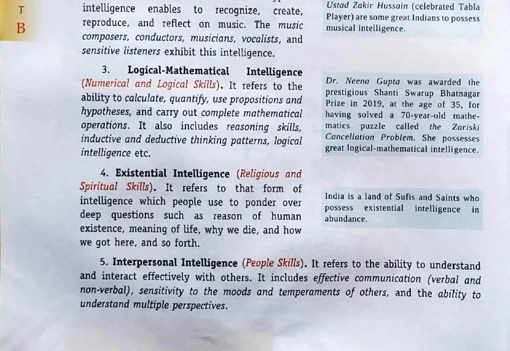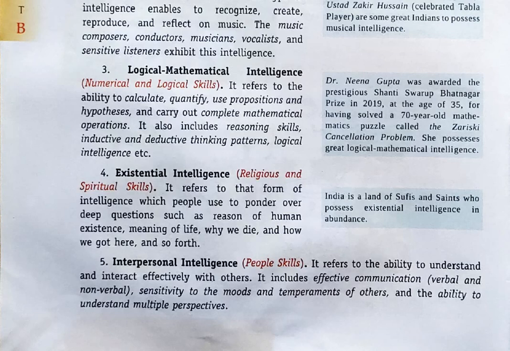These type of things, which are spiritual, religious, these are called existential intelligence. That talk about the existence of human beings and their lives. Okay, so India is a land of these type of intelligent people.